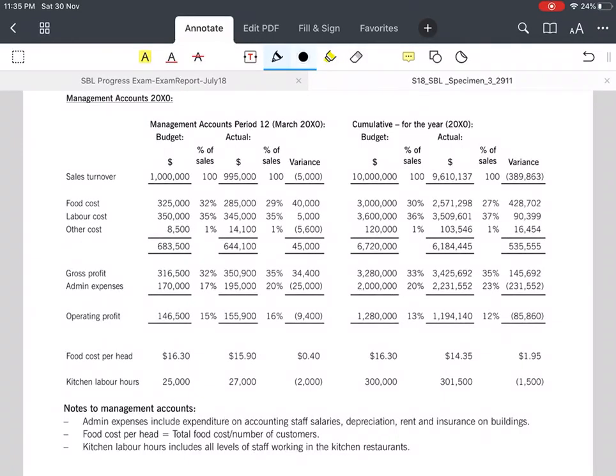Now, if you look at this statement, we do not have any split of the revenue figures. The revenue figures are the total figures that the business is generating. Even the operating profit is not split into different restaurants.